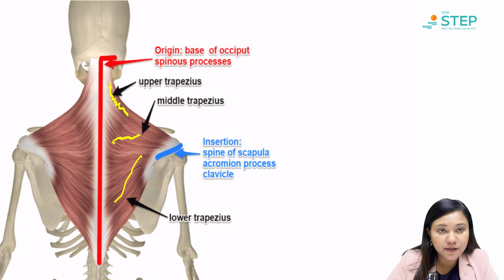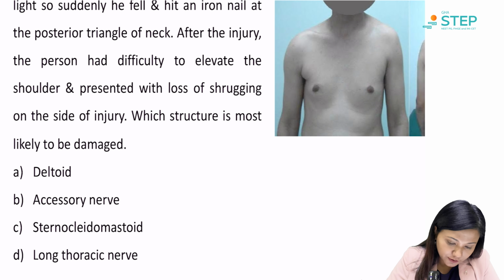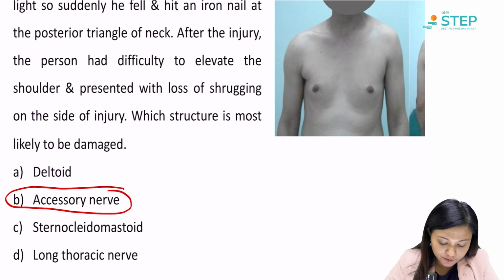If there is injury to the spinal accessory nerve, the shrugging of the shoulder will be lost. So the answer here is the spinal accessory nerve.